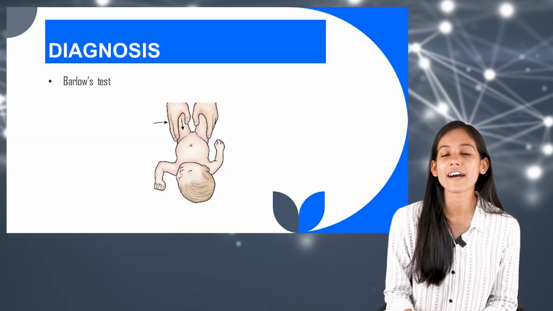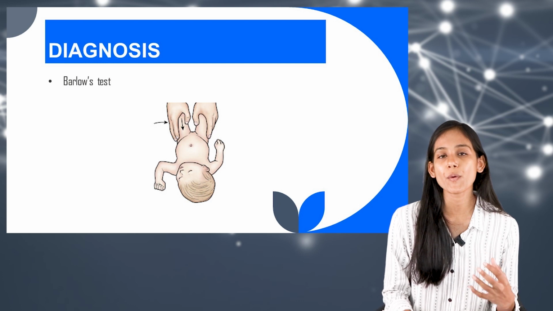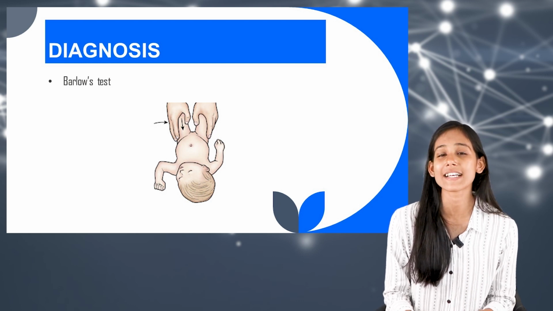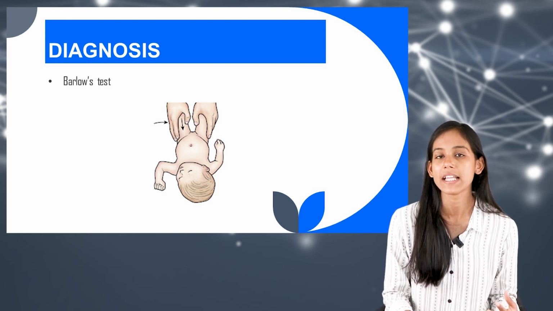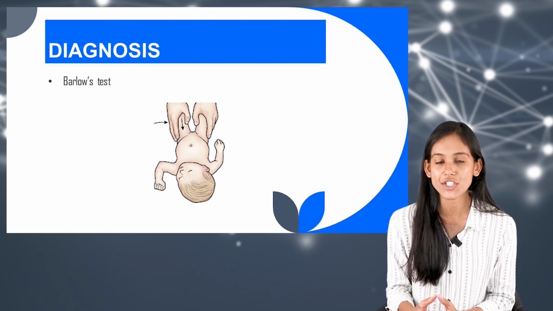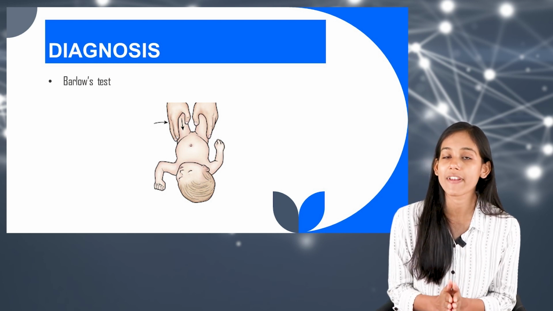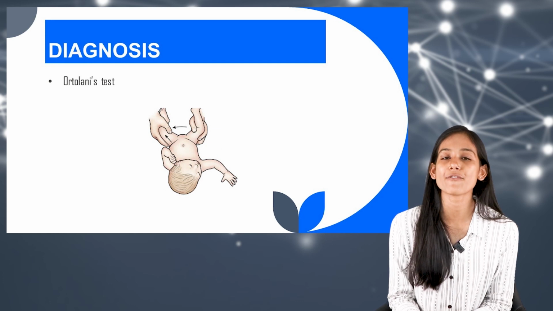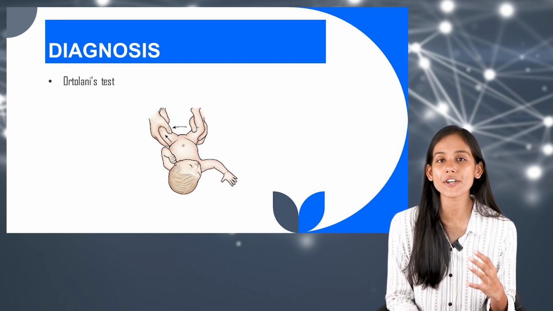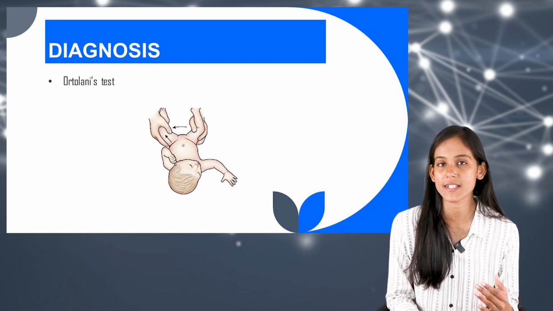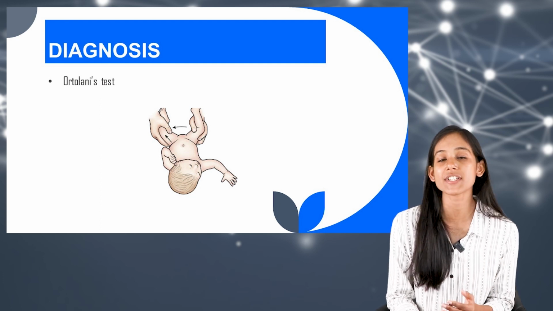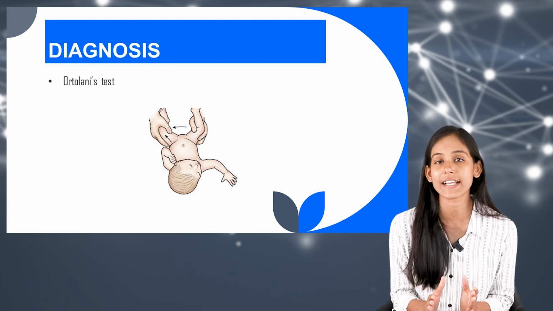Firstly, we have Barlow's test. Barlow's test dislocates the dislocatable hip by adduction and depression of the flexed femur. Next, we have Ortolani's test. Ortolani's test reduces a dislocated hip by elevation and abduction of the flexed femur.